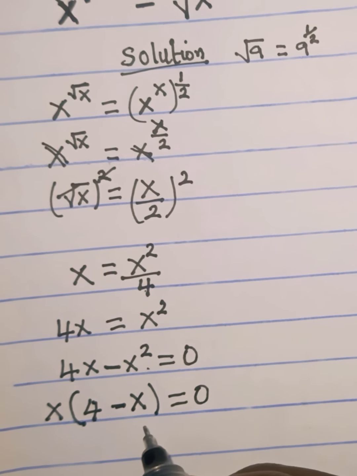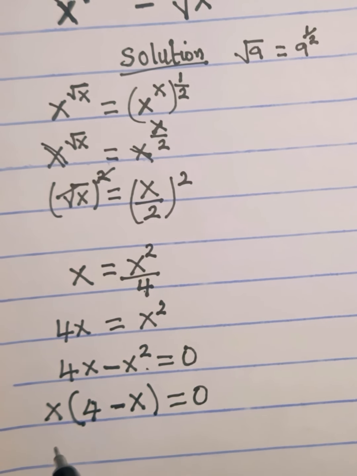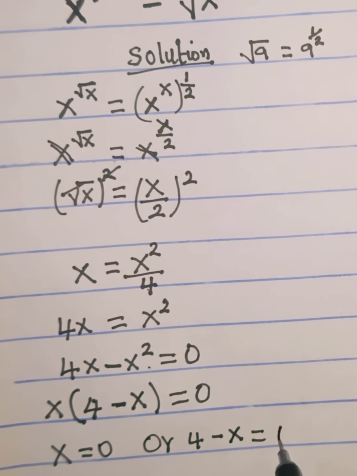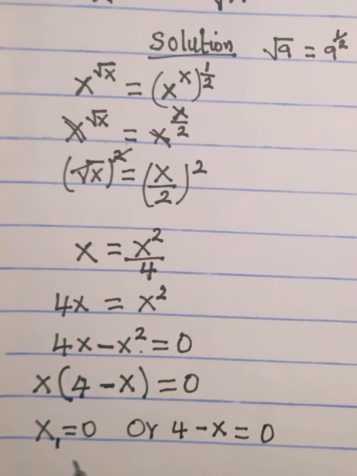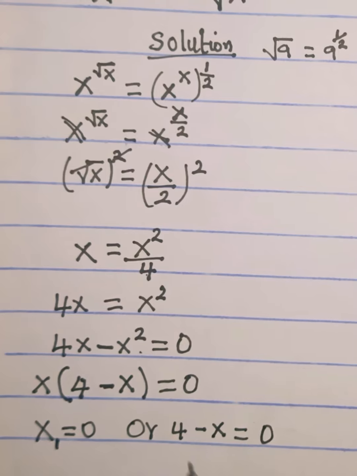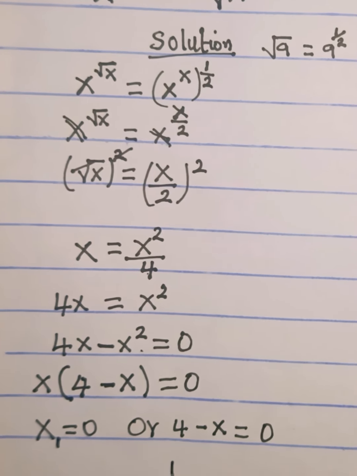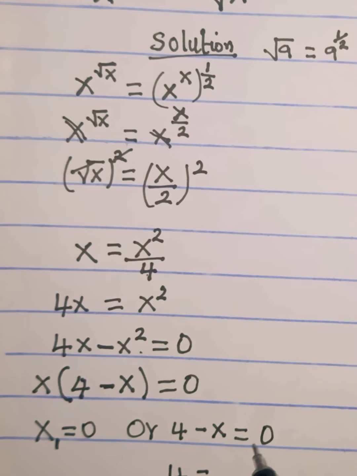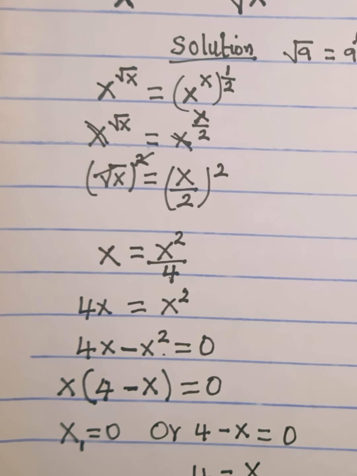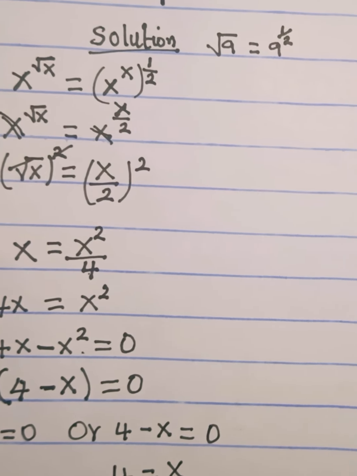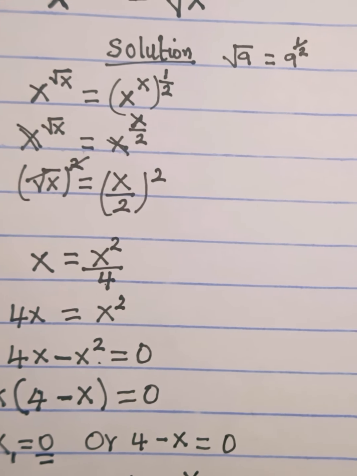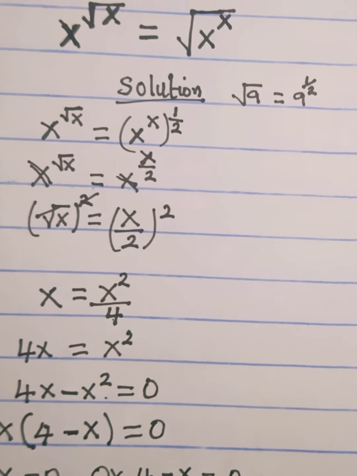And when two factors multiplied together give 0, it's either the first one, x equals 0, or the second one, 4 minus x equals 0. So here is one of the solutions. To get the second solution, we can say 4 is equal to, when we take this negative x to the right hand side, it becomes positive x. So therefore, x equals 4. These are the two solutions that satisfy this given Olympiad problem.